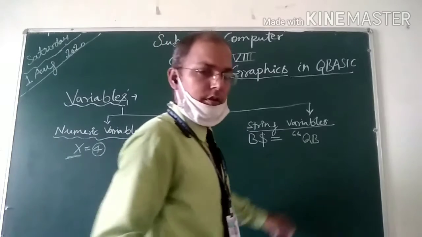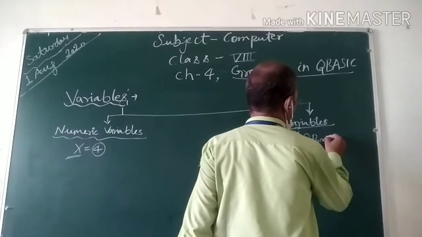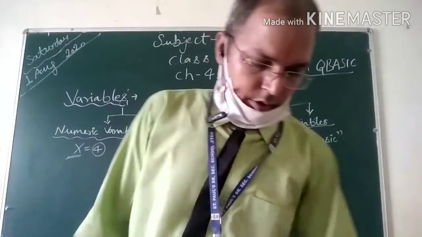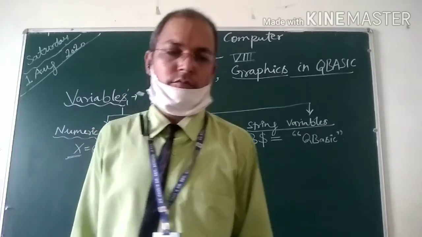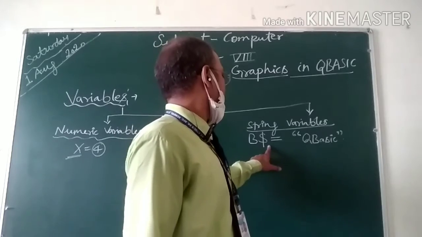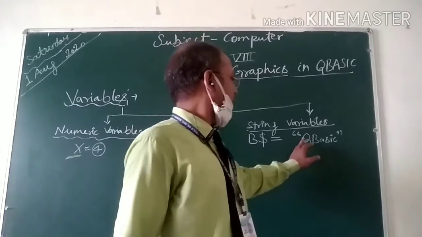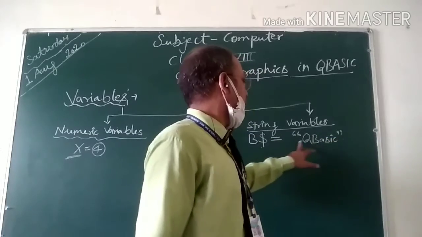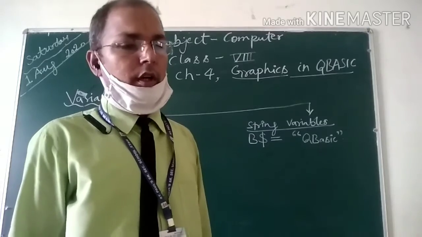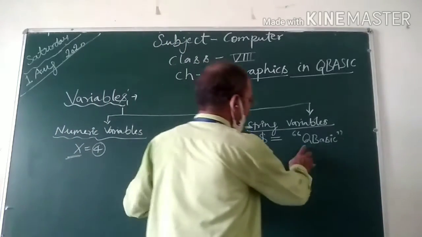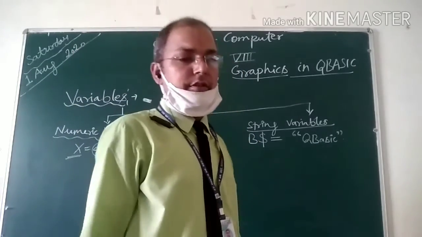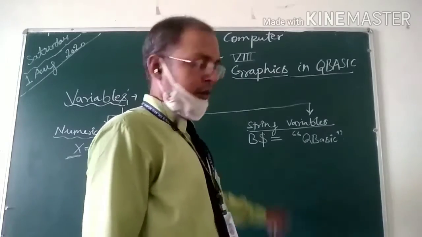The string variable is followed by the dollar sign, and the value is in double quotes. Text or symbols go in the double quotes, and the string name is followed by the dollar sign.